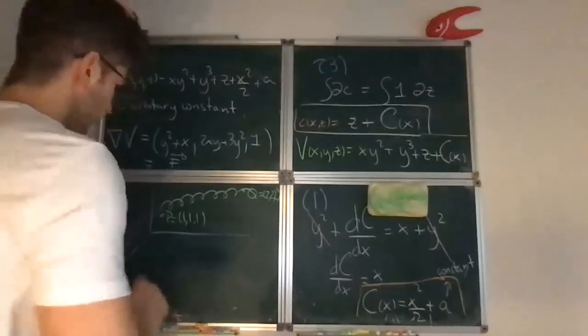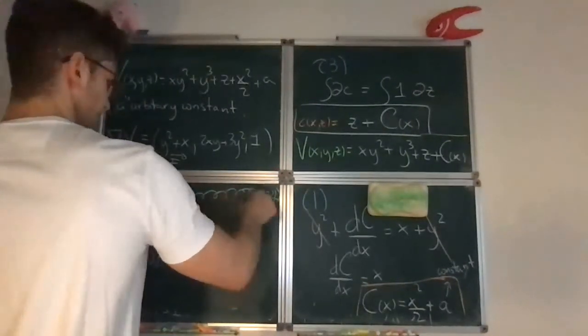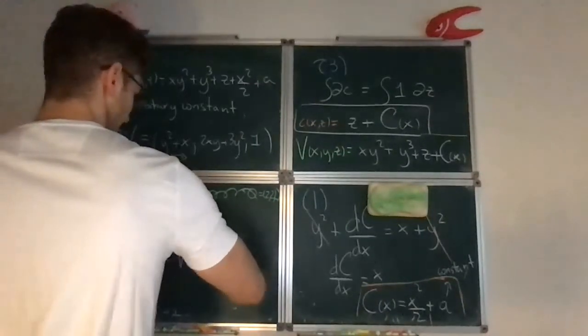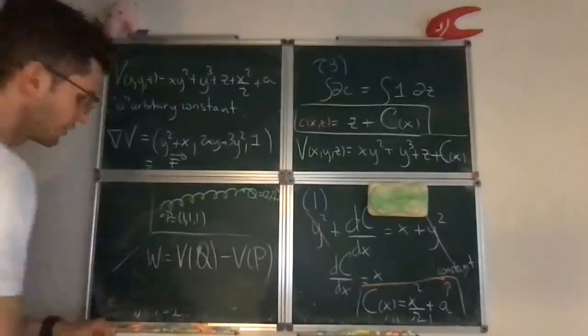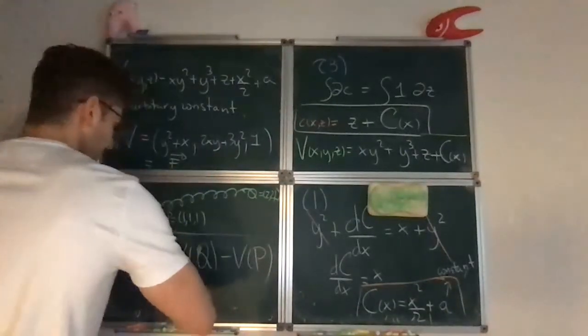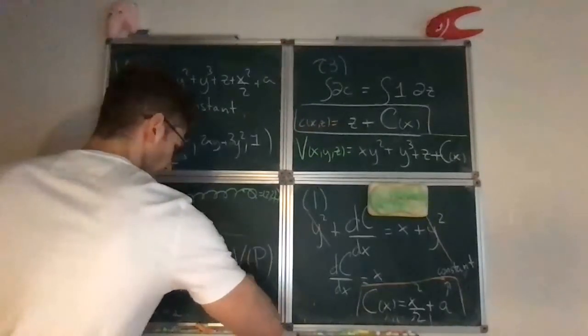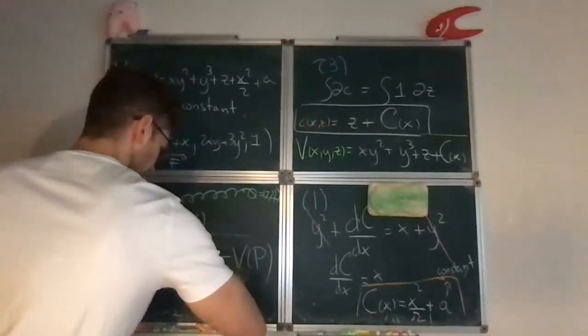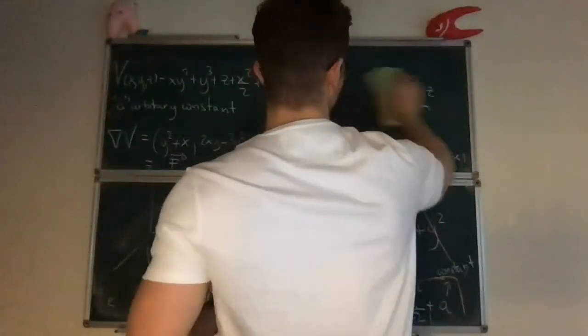The point of this work is that the work will just be the potential at Q minus the potential at P. So the idea is that no integral is needed. And so let's evaluate this out.